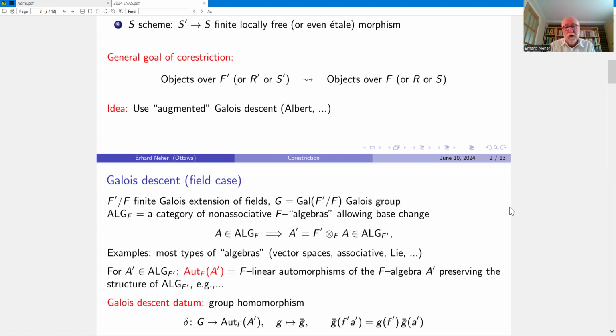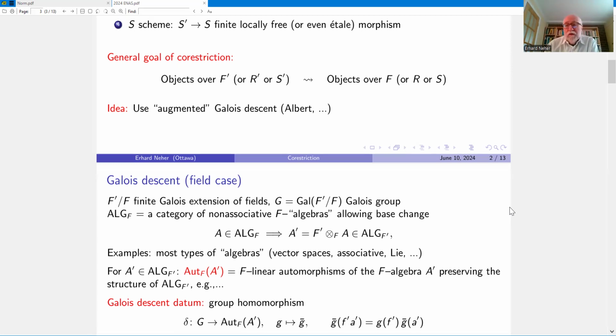So, for example, if we have the category of vector spaces, then Aut_F of A prime would just be the F-linear invertible automorphisms of an F prime vector space. If we have the category of associative algebras, then Aut_F of A prime would be the group of F-linear automorphisms of the algebra A prime.